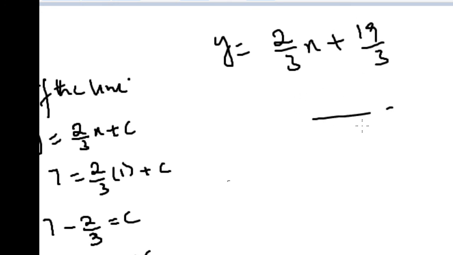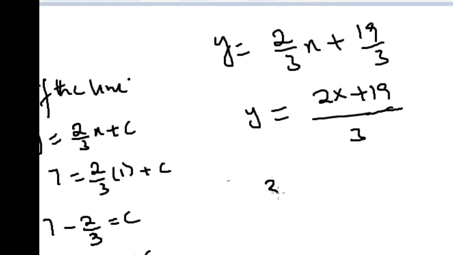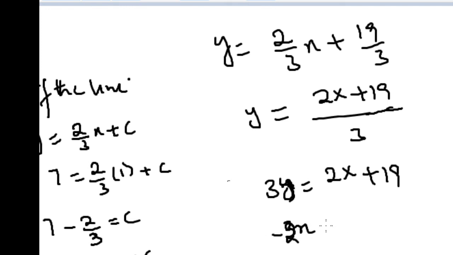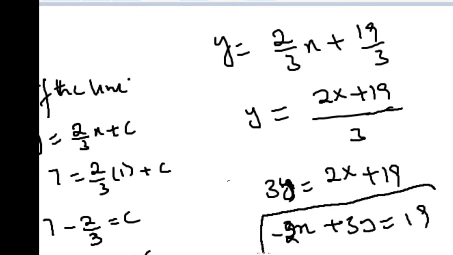Now the LCM here is 3. So 3y is equal to 2x plus 19. So it becomes minus 2x plus 3y is equal to 19. That's the required answer.